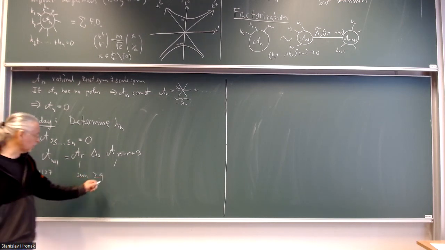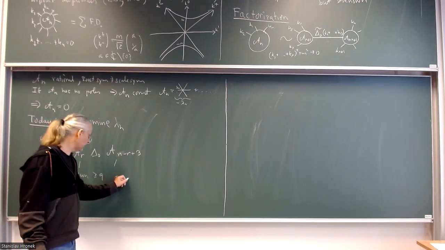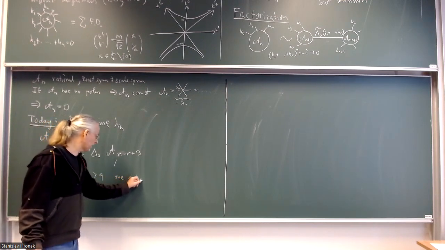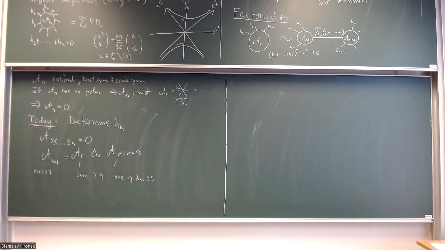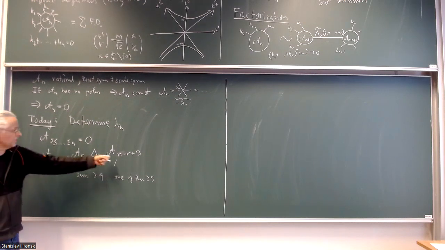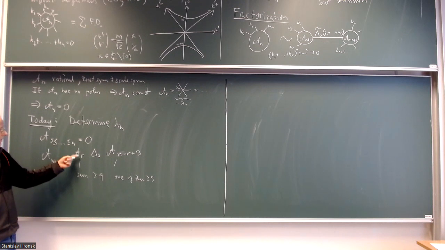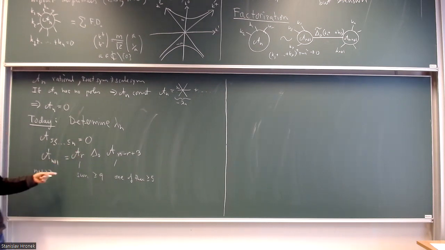And therefore we know that one of them must be bigger than 5. Right? And then the point is that both of them must be within what we already know is 0.